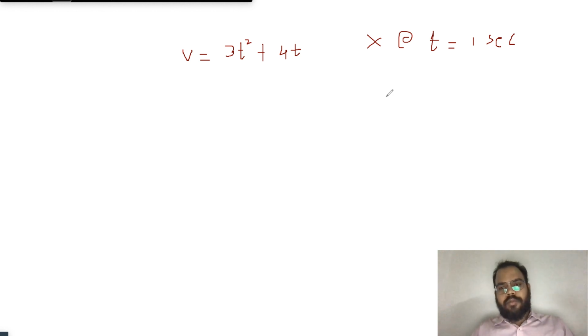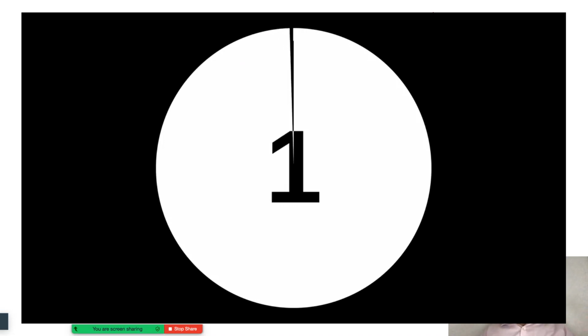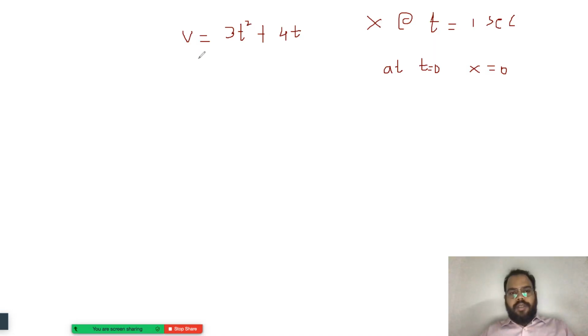Now one more piece of information is given to you: at t is equal to 0, displacement is 0. So take your 2 minutes and solve. And stop.